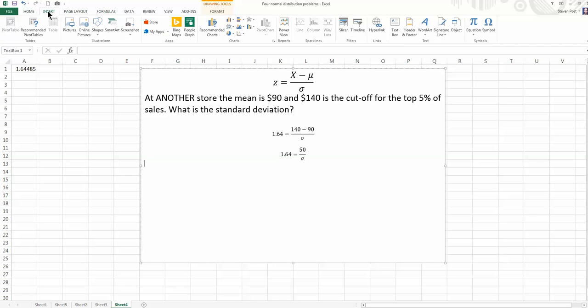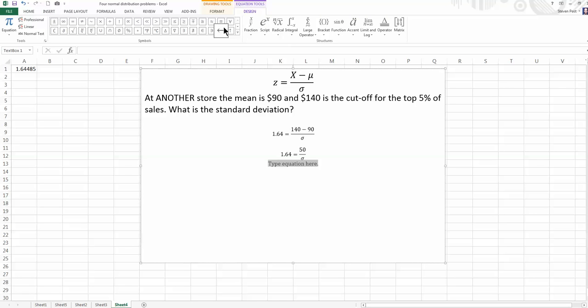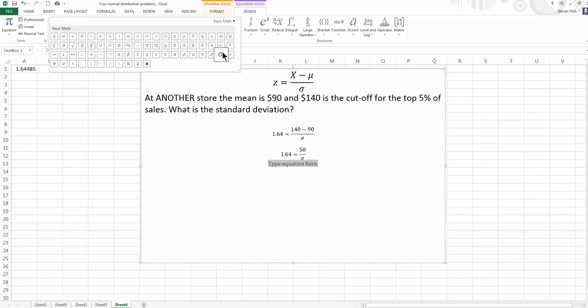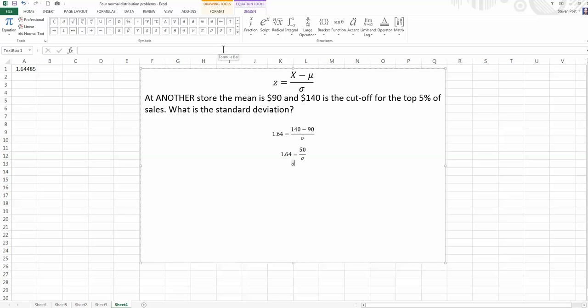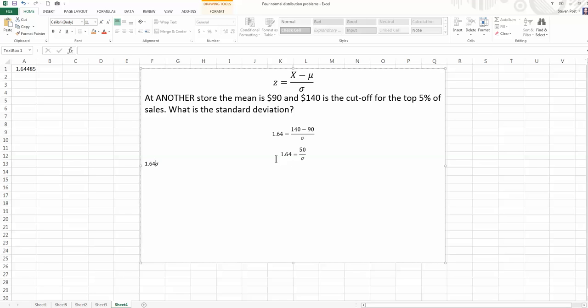When you do that, you get 1.64 times sigma equals 50, or dividing both sides by 1.64, you get sigma equals 50 divided by 1.64.